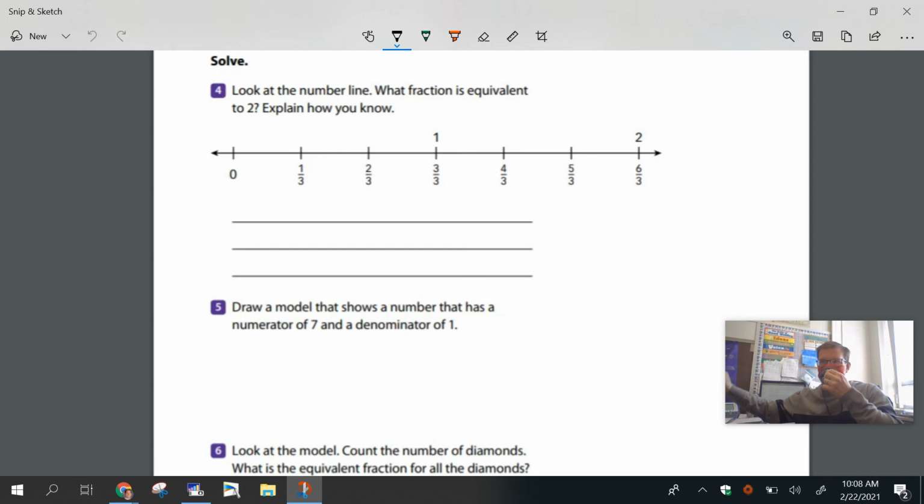Now, Lil. I start at 0. 1/3, 2/3. What does 3/3 mean? If you have the same number top and bottom, what does that mean?